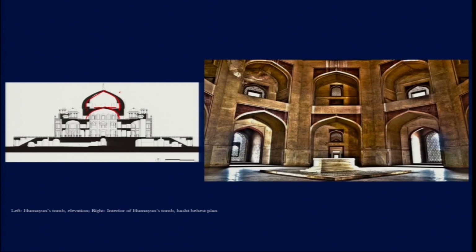That is the reason many of these really monumental tomb structures in the Mughal context utilize this double dome structure, which is highly stable, and it also gives monumentality to the tomb and the other structures.